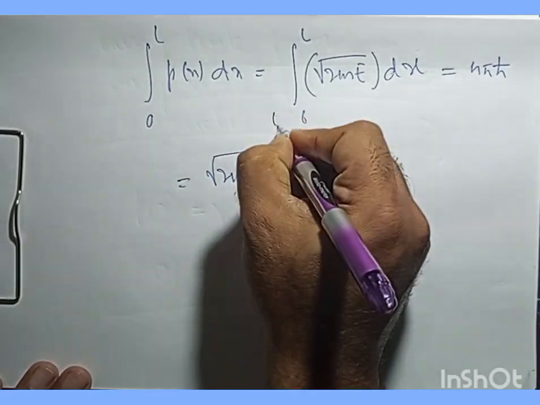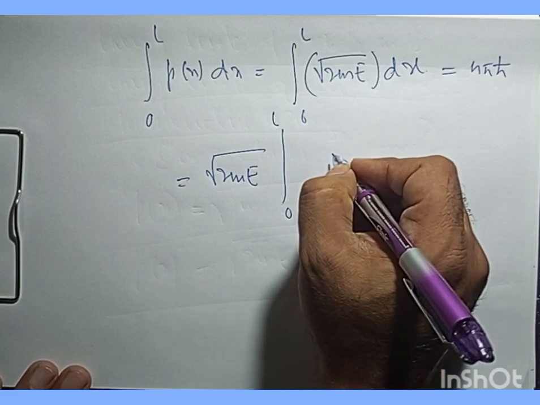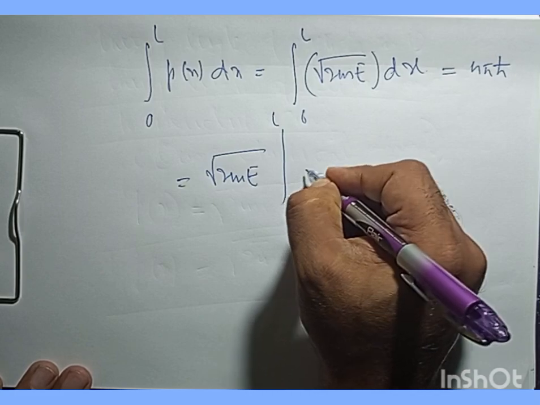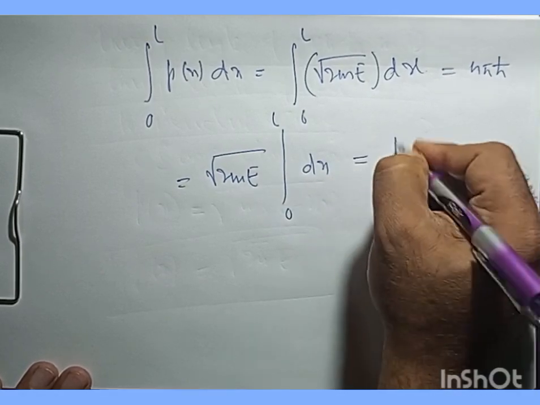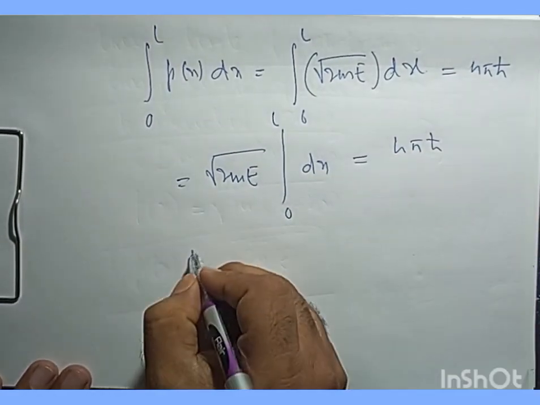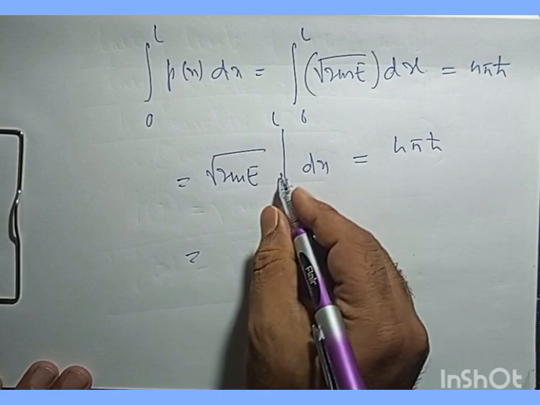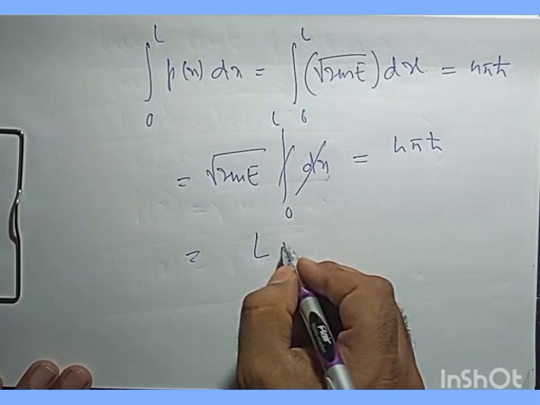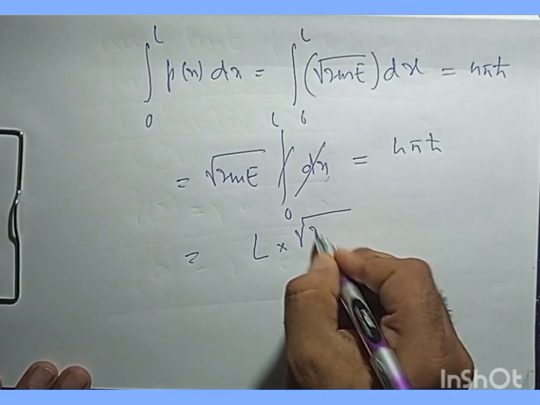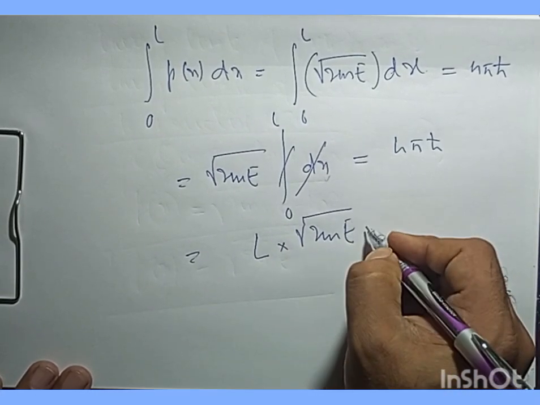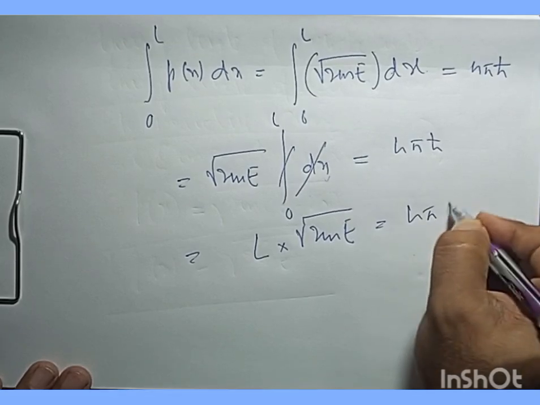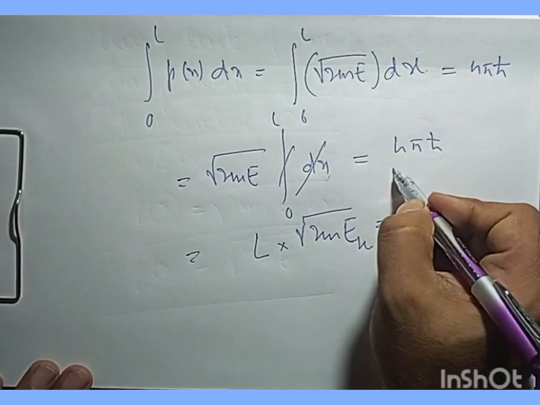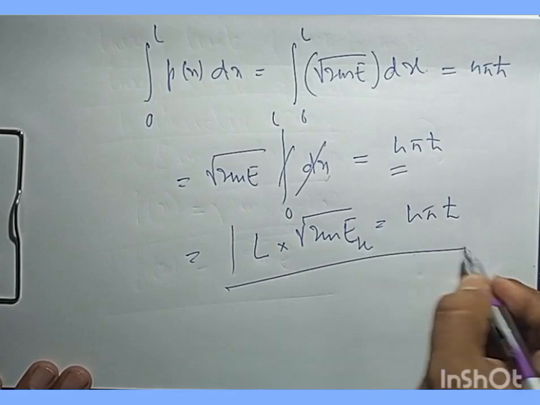Inside we will have the integral from 0 to L, and we will be left with simply dx. So this will be n pi h bar. We have this x as L, and so this is L times the square root of 2mE equal to n pi h bar. Here we can immediately think of En, because we have an integral number n.